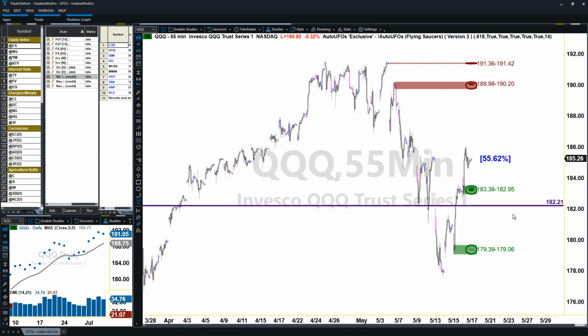So you see with the pre and post market, you got 55. Here you have 1 UFO. The purple line is pointing out where the other UFO was. Not ideal, not ideal.